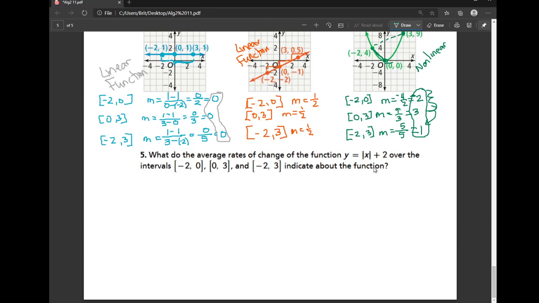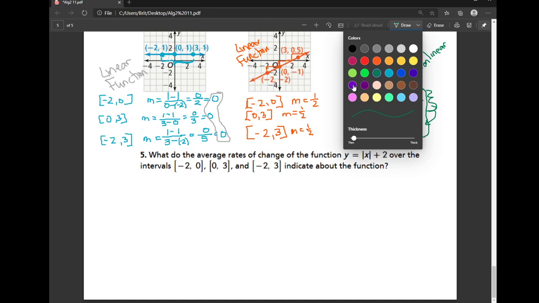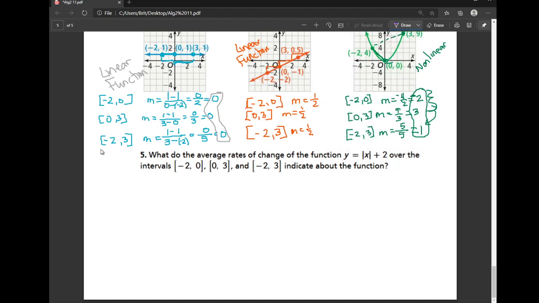So now number 5, we're going to go through this fairly quickly. So what I would do here is I would actually just real quick plug in the value of the function at our 3 values. So if I plug in the value of the function at -2, I would get the absolute value of -2 plus 2.